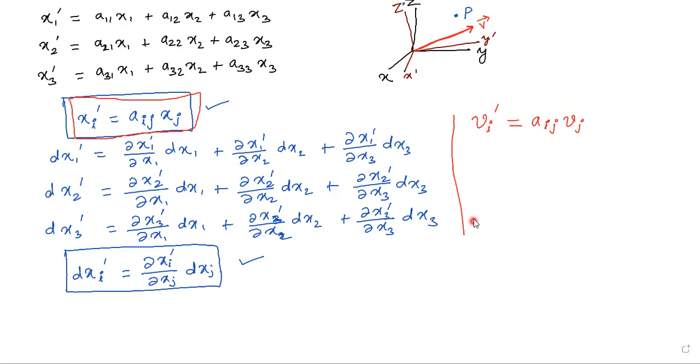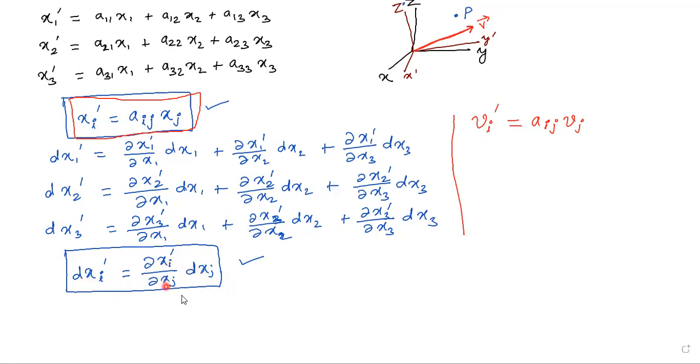Now let us come back to general vectors. How about a general vector? A general vector is a vector whose components transform according to this rule under a change of coordinates from the unprimed system to the primed system.